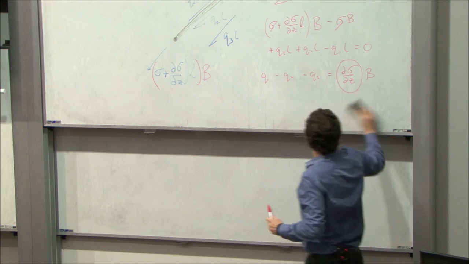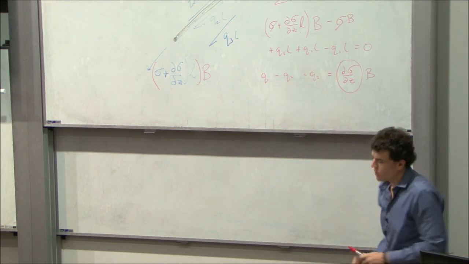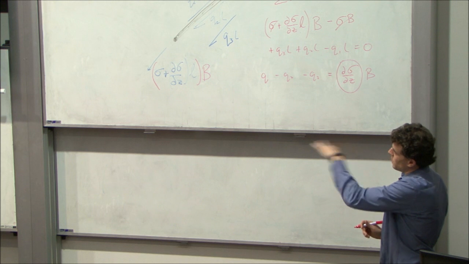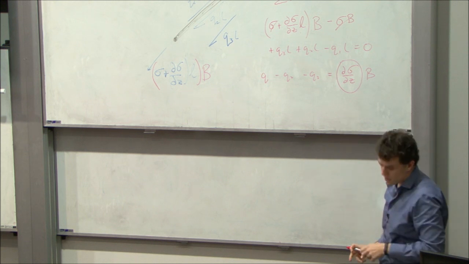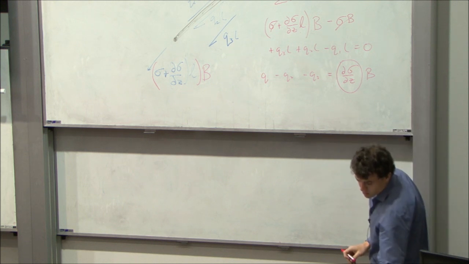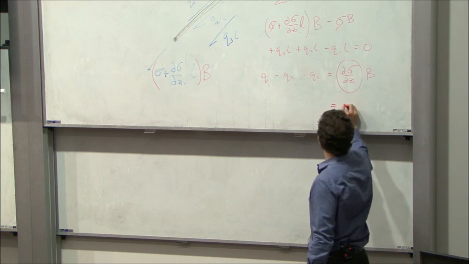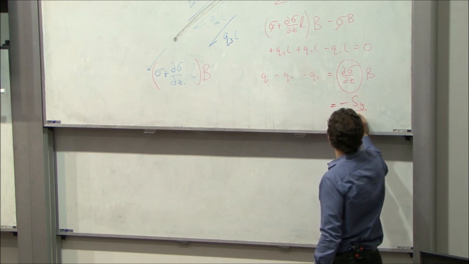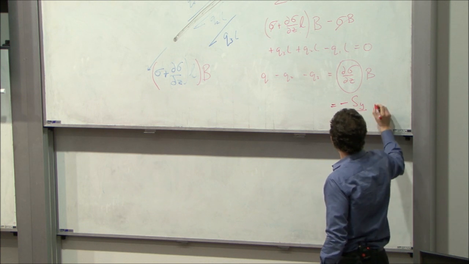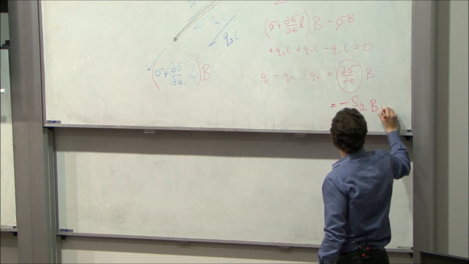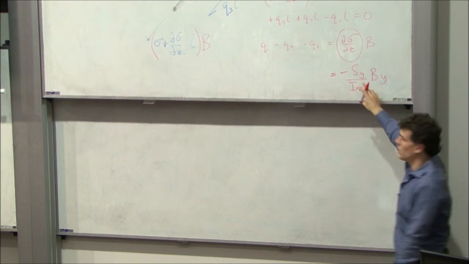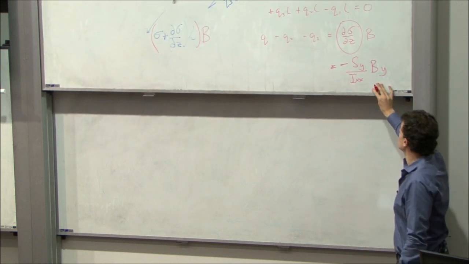But in the simple case where we've got a symmetric problem with only a Y shear force, this collapses to the thing that we are quite familiar with now, minus xy on Ixx by.